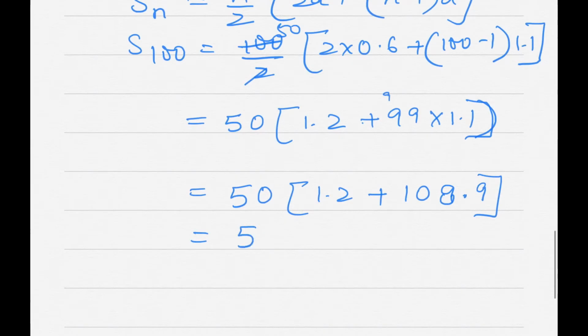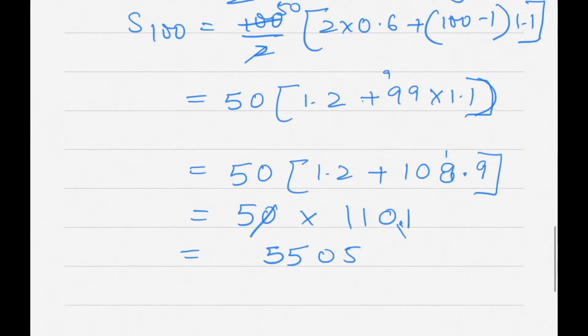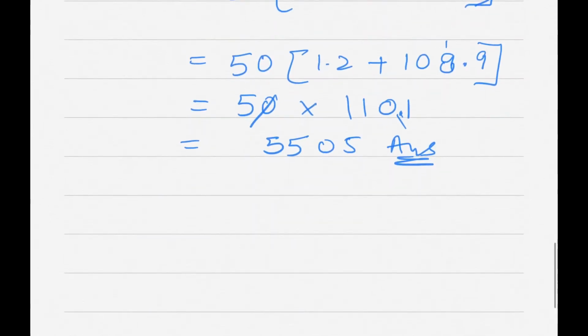Now this is equal to 50 into, now both will be added, so 9 and 2, 12, 1 carry, so 110.1, one decimal point, right? Okay, now 10 will cancel this decimal point, so 5 into 1 is 5, 0, 5 and 5. So I get 5505 as my answer. So this is the sum of 100 terms of this AP.